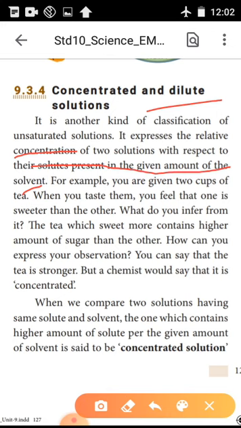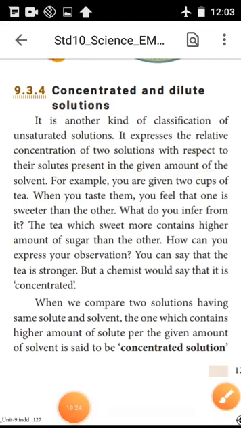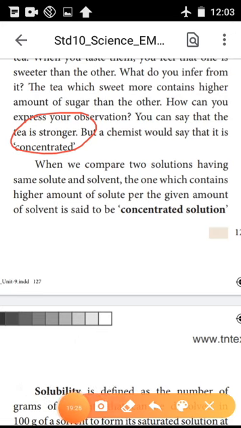If the amount of solute is larger in a solution, that is a concentrated solution. If the amount of solute is lesser in a solution, that is a dilute solution. So concentrated means stronger, and dilute means weak.